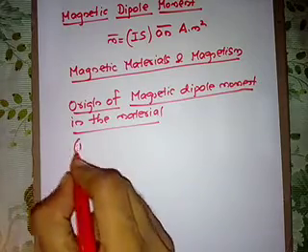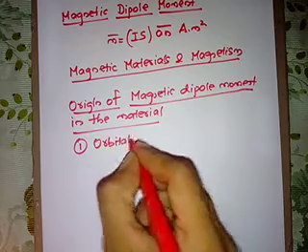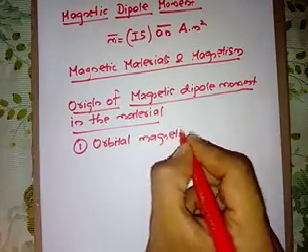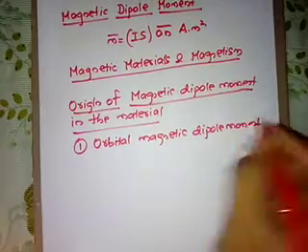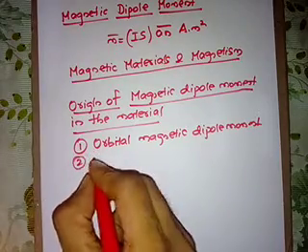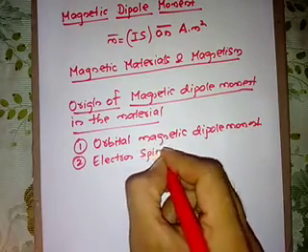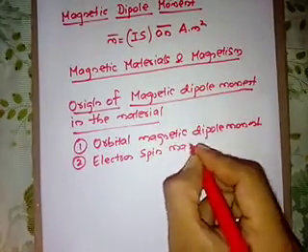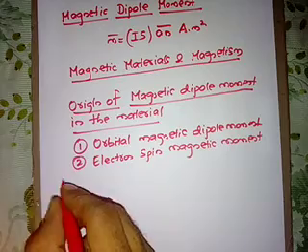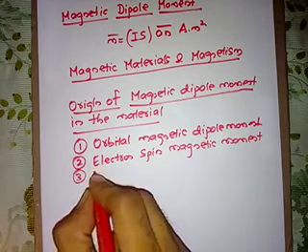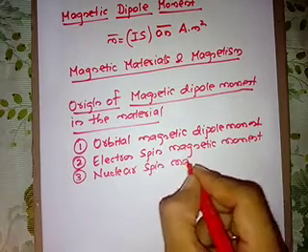The first one is called the orbital magnetic dipole moment. Second one is electron spin magnetic moment. And third, nuclear spin magnetic moment.